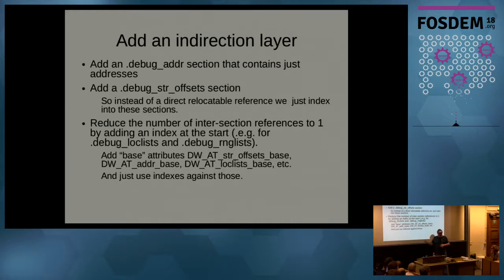And the same we do with strings. We add a new offsets section, so instead of pointing directly to a string and asking the linker to fix this up, you have a new offset, an indirection, so you can just say I want string 1, and just relocate the addresses of strings in that section.